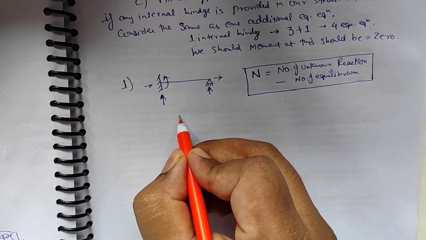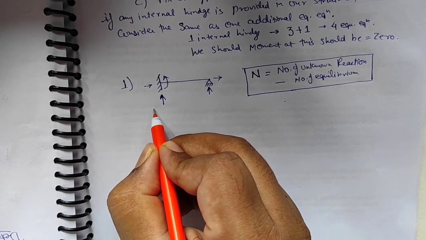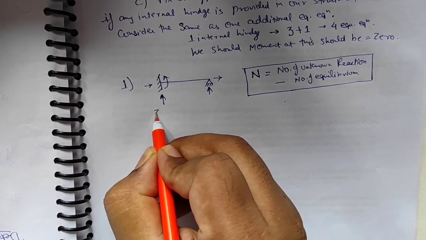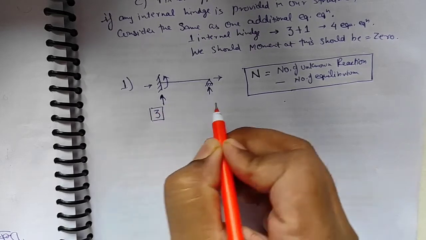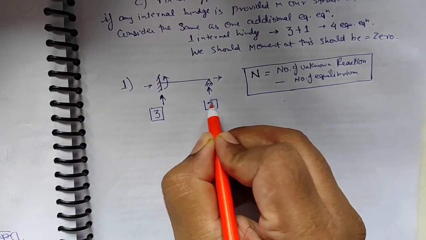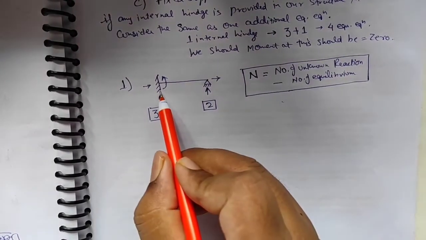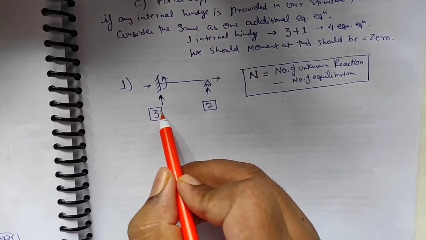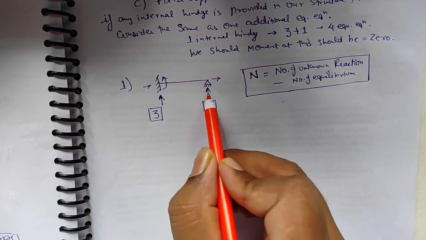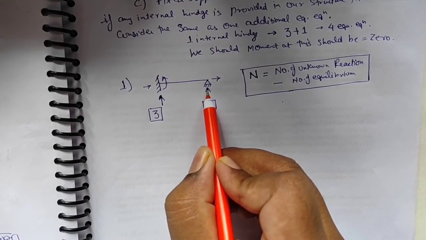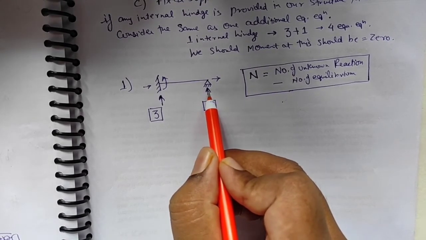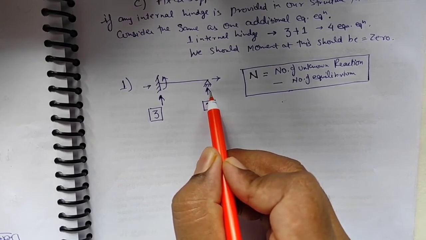In the left hand where a fixed support is given we have three unknown reactions, and in the right hand where a hinge support is given we have two unknown reactions.